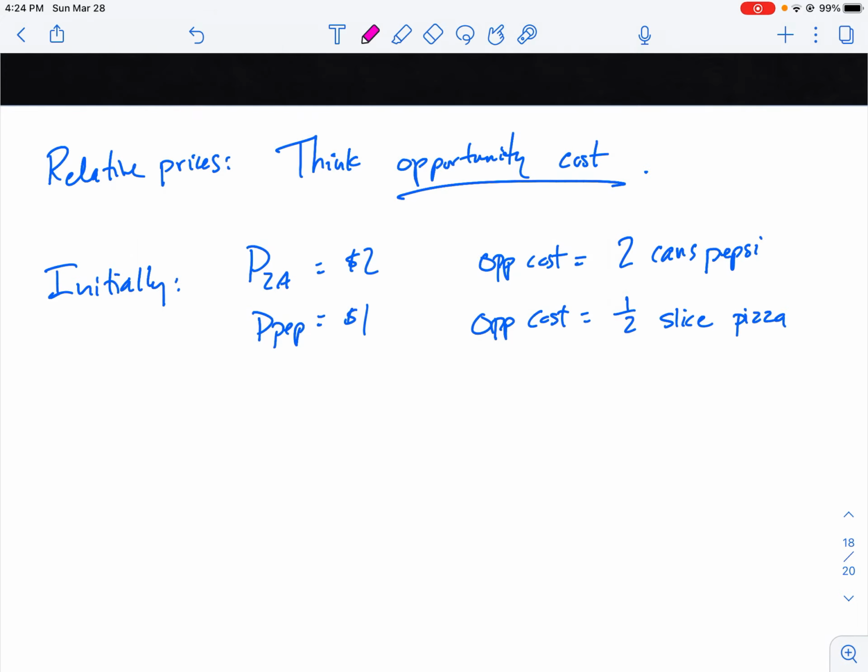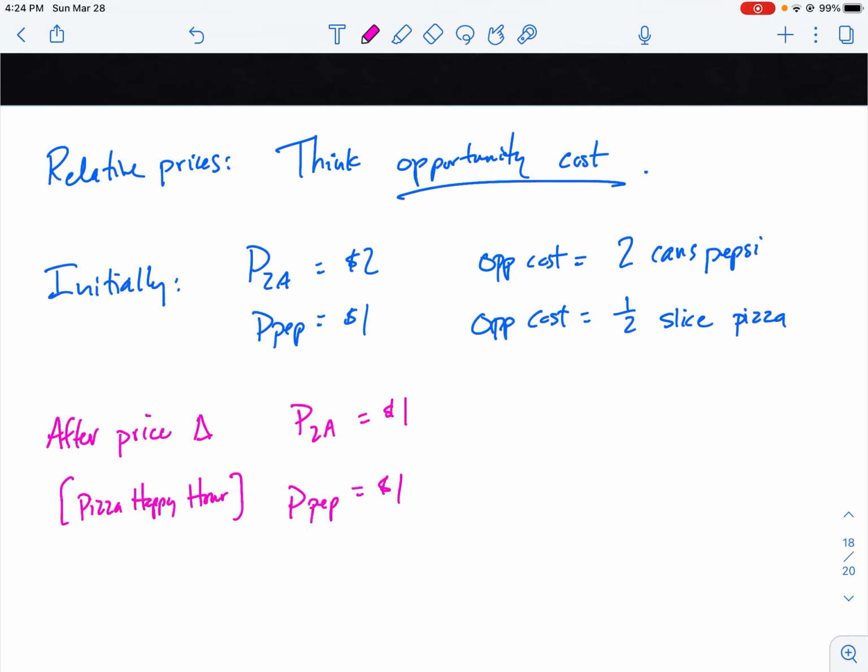Then, after the price change, what we called pizza happy hour, during that time the price of pizza was $1 and the price of Pepsi was $1.